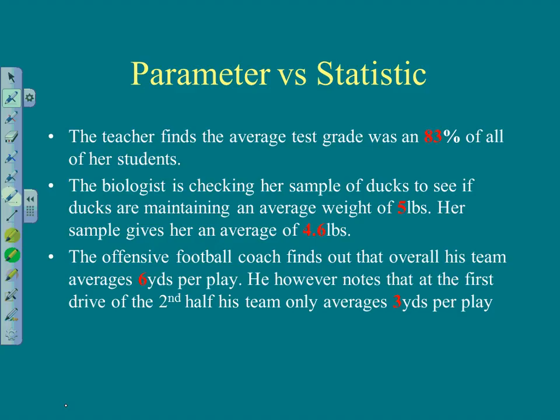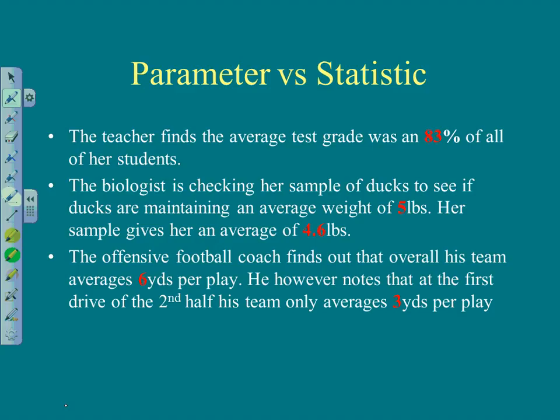Ms. Foco, is that 83% a parameter or a statistic? So statistic comes from samples. Parameters come from populations. That 83%, since it's all of her students, that's got to be a parameter.